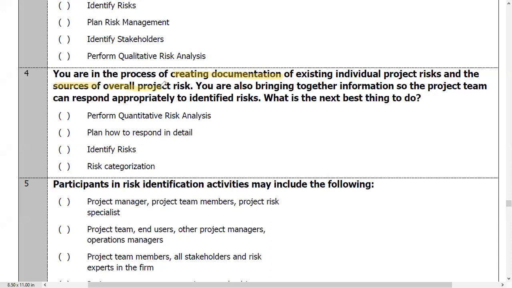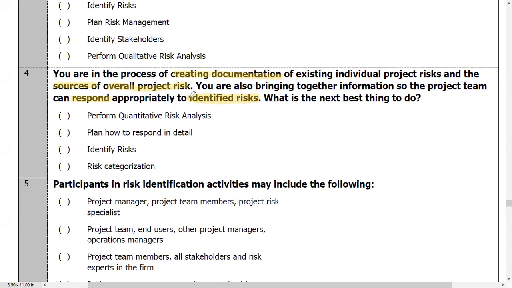Two things, right? You are also bringing together information so the project team can respond appropriately to identified risks. What is the next best thing to do?